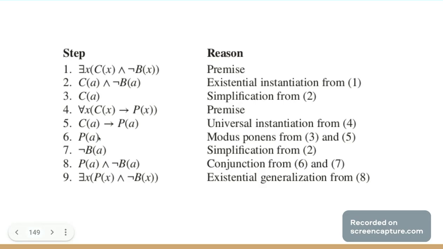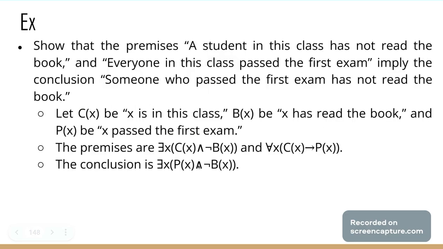If Pa is true and not Ba is true, then Pa and not Ba by conjunction is true. And this is an instantiation of this particular statement. So there exists x, Px and not Bx is also true from existential generalization. So we say that the argument is valid and the conclusion is also valid.